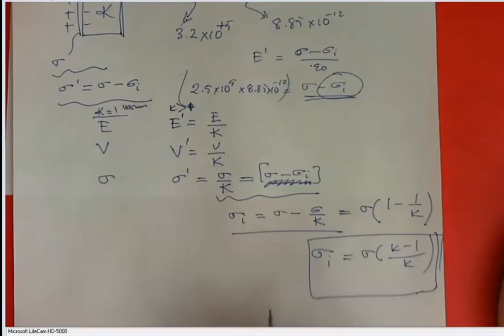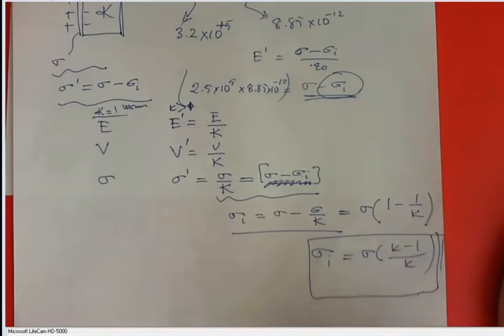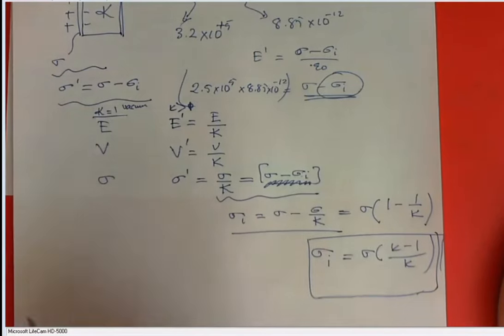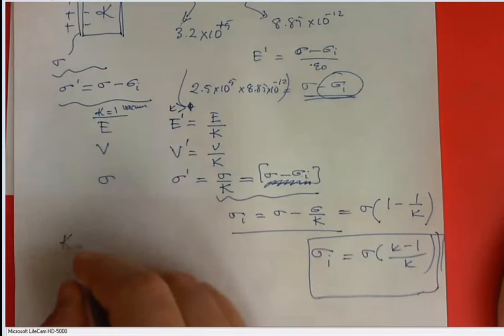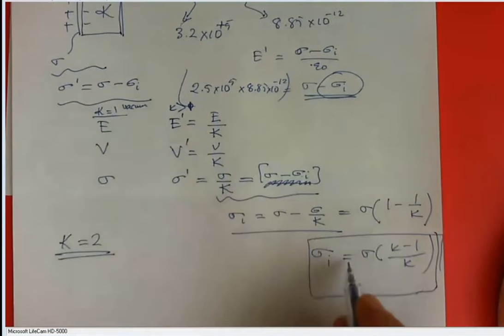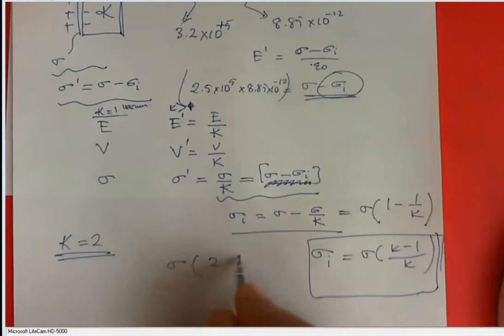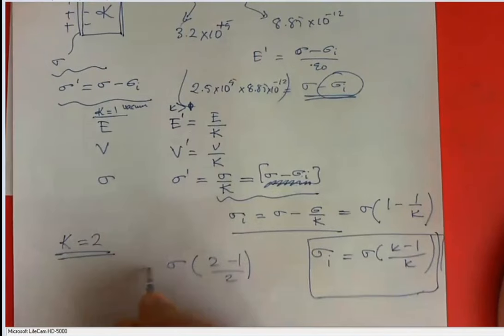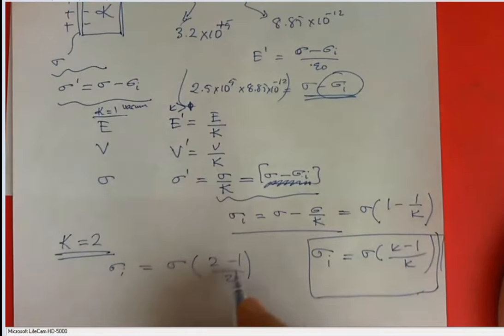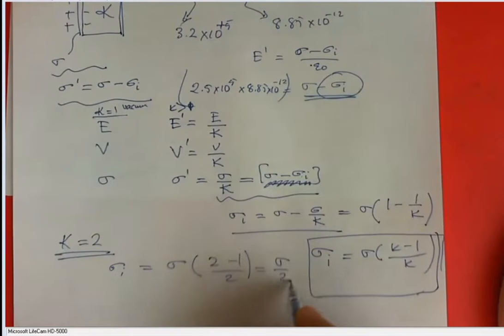Remember, we have different kappa values for different materials. For example, take a kappa value of 2. What does it mean? When you put 2 here, sigma times 2 minus 1 divided by 2, that is sigma induced, and that is sigma divided by 2.